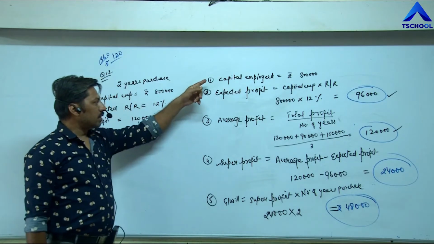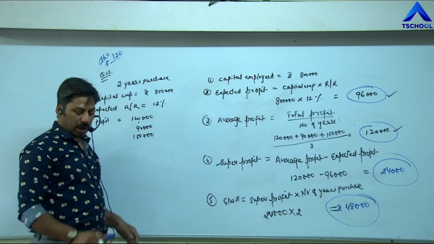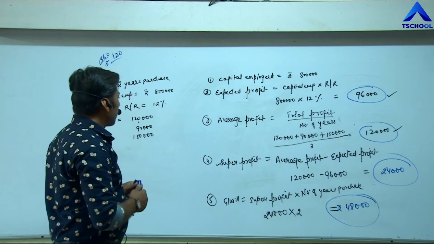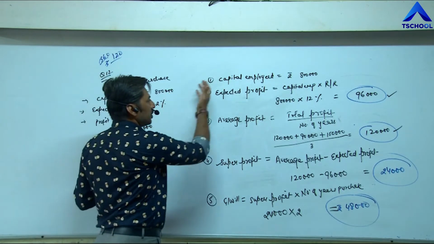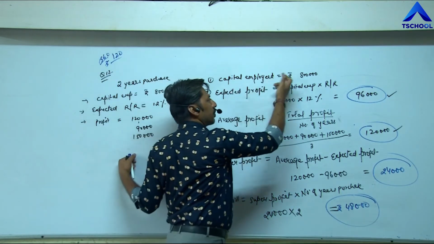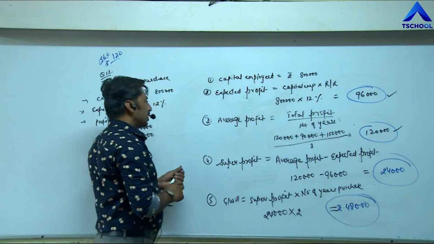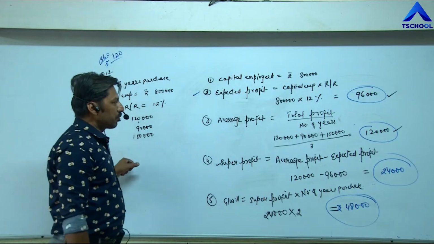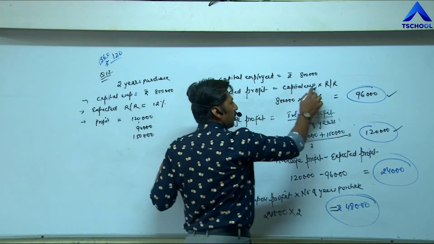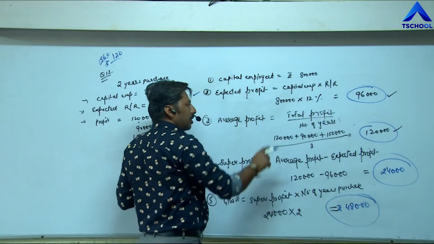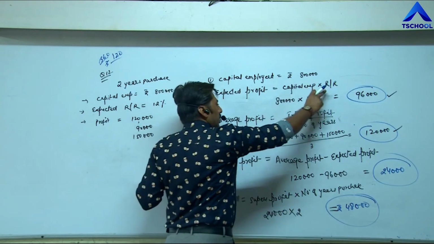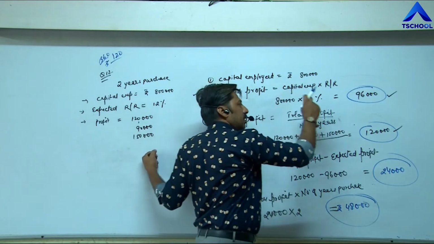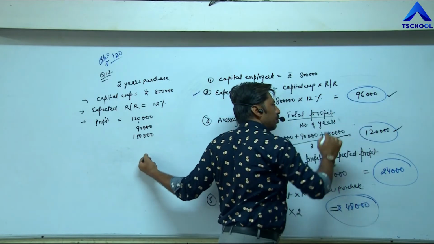First of all, we have to calculate capital employed, and formula for capital employed is asset minus liability. But in this question, capital employed is given 8 lakh rupees. So directly you can write capital employed is equal to 8 lakh rupees. Second, we have to find out expected profit, and formula for expected profit is capital employed into rate of return. Capital employed is 8 lakh, rate of return is given 12%. So 12% of 8 lakh is 96,000 rupees.